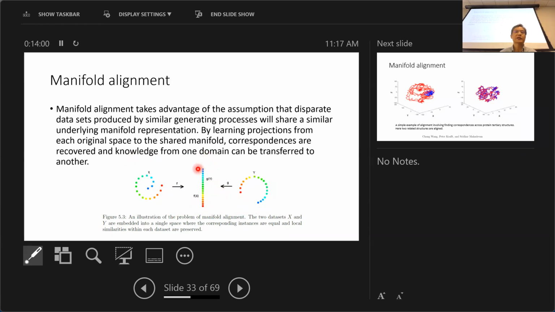So we try to get the position of the data points in this shared manifold, and their correspondences are recovered, and knowledge from one domain can be transferred to another. If you have this object, and I give you a point from the X domain, you can map it to here, and you know where it comes from in the Y domain.